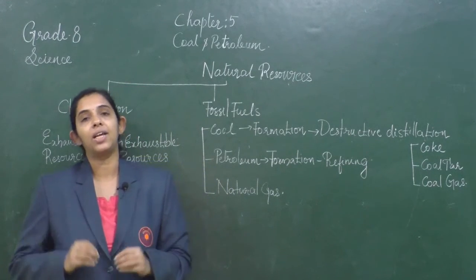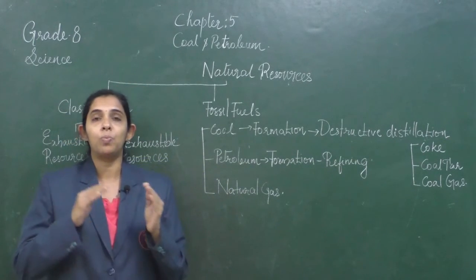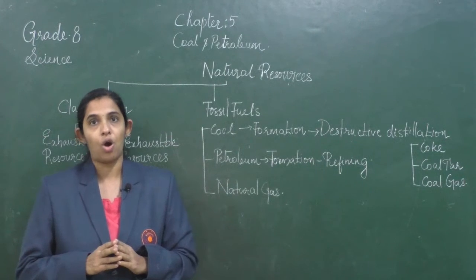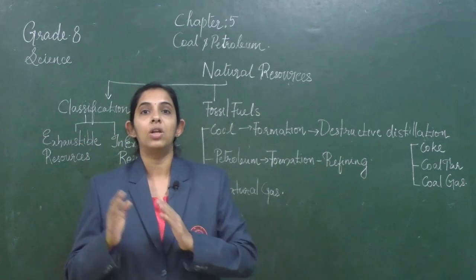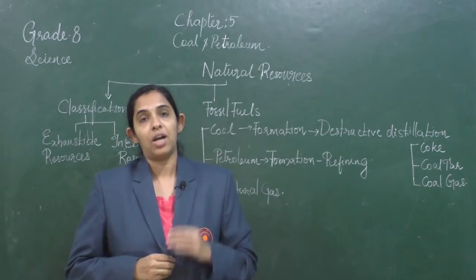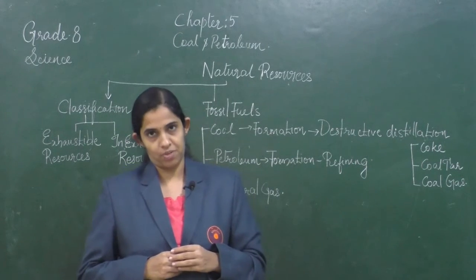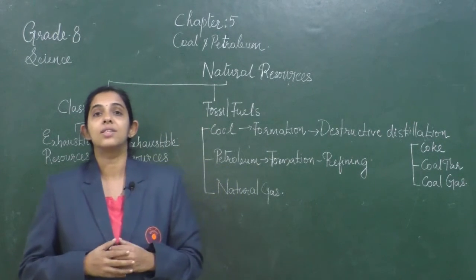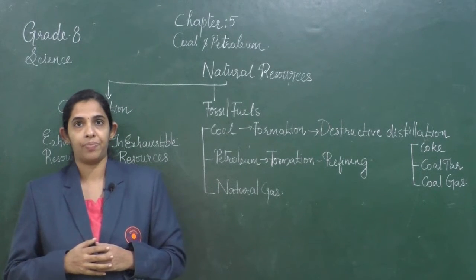Since coal mainly contains carbon, this slow process of conversion of dead vegetation to coal, we also call carbonization or coalification.